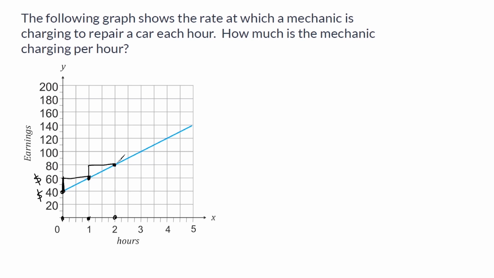And that pattern continues because we have a constant rate of change. So from 80 to 100, that's an increase of $20. And we're at 2 right now, going over to 3 hours, which is 1 more hour. So we would say that the mechanic is charging $20 for each hour of service.